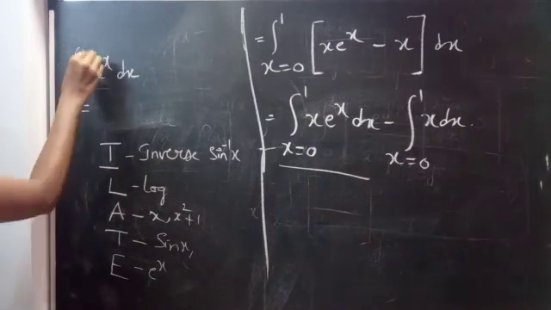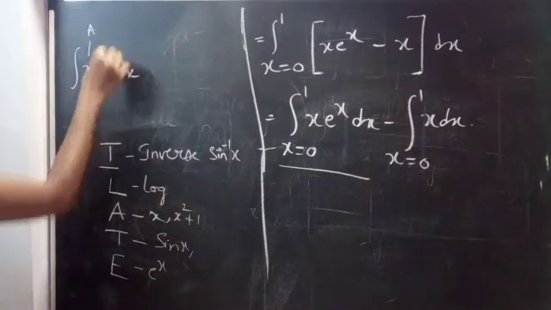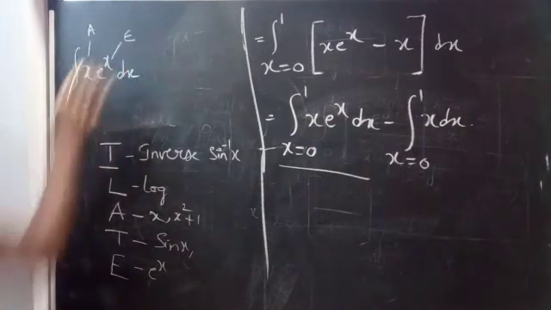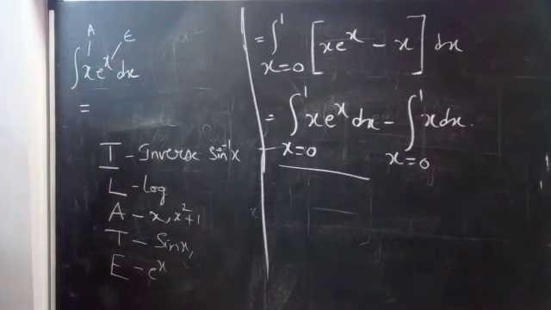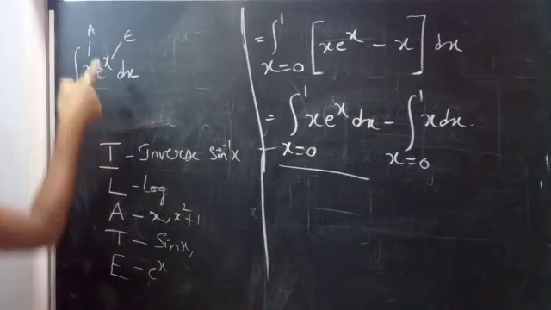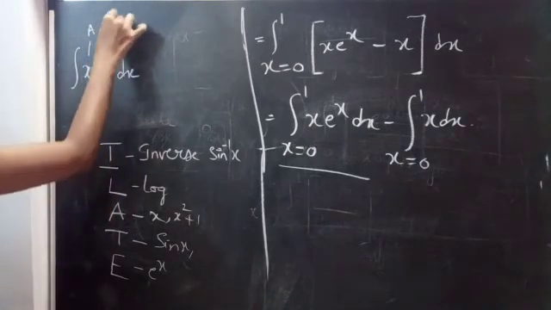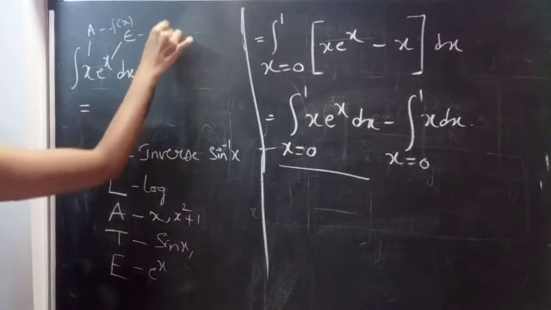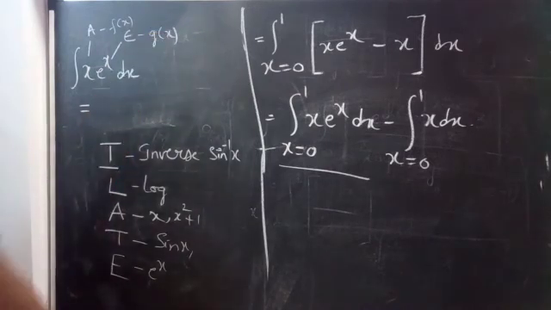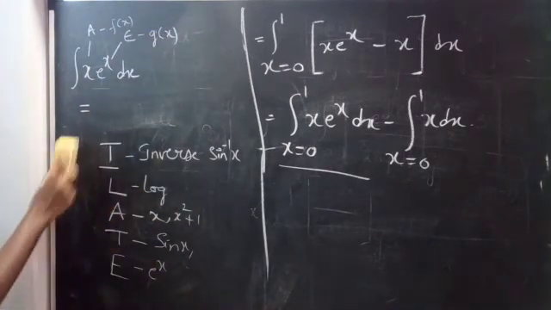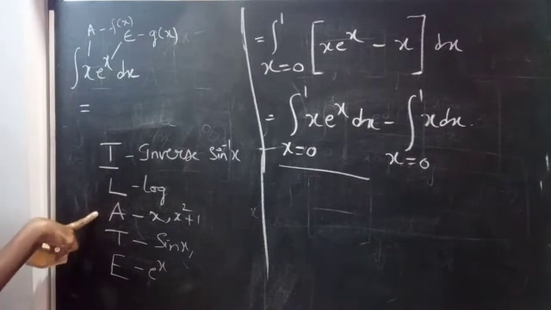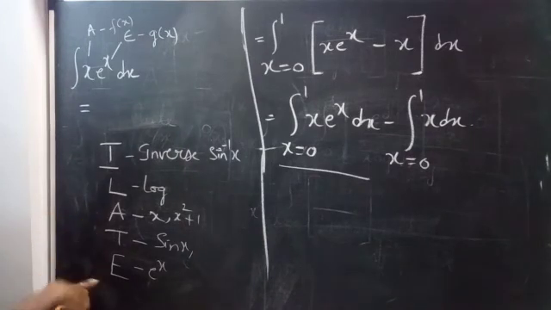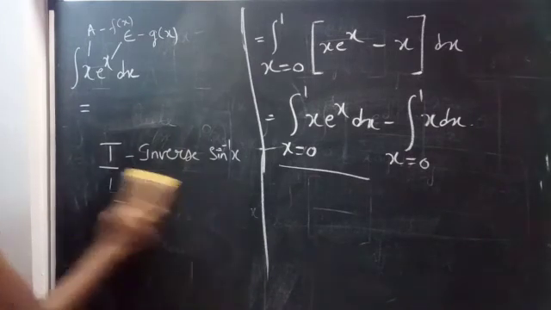So first you're having algebraic and next you're having exponential. So here we are going to use integration by parts. So for that, f of x will be the algebraic function and g of x will be your exponential term, since you are having algebraic first, exponential next.